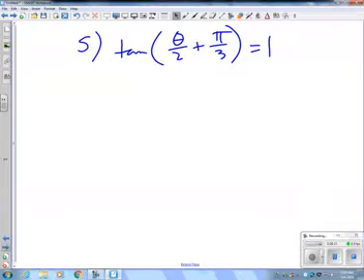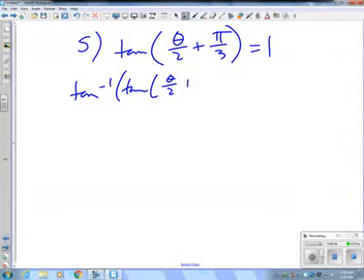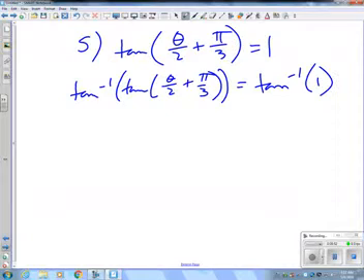Everything's inside the trig, so we have to get rid of the trig first. So that'll be tangent inverse of tangent theta over 2 plus pi over 3. Not only is this a half angle formula, but this half angle was shifted. And we're inversing the other side as well.